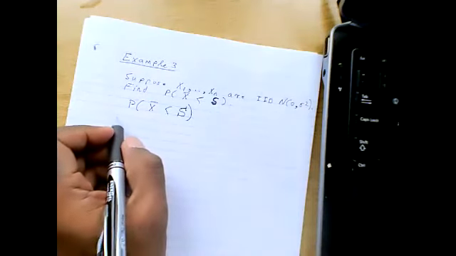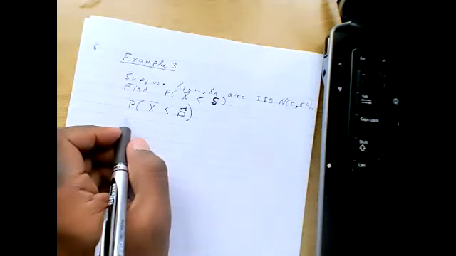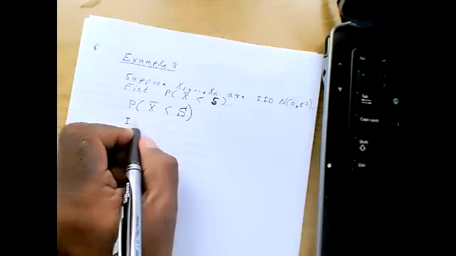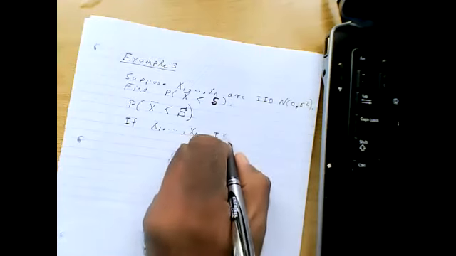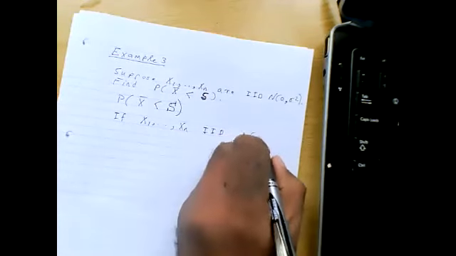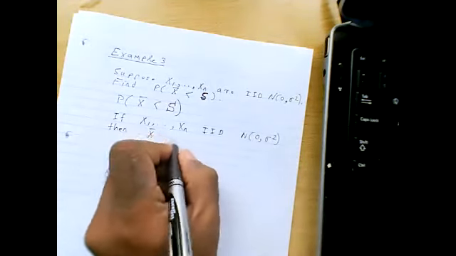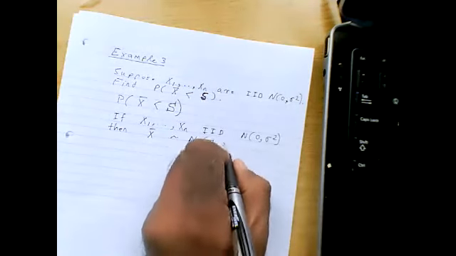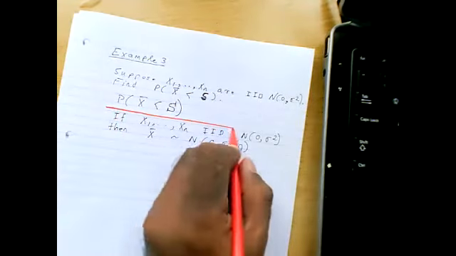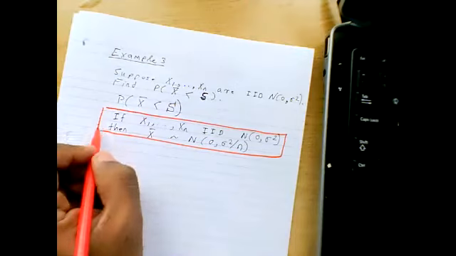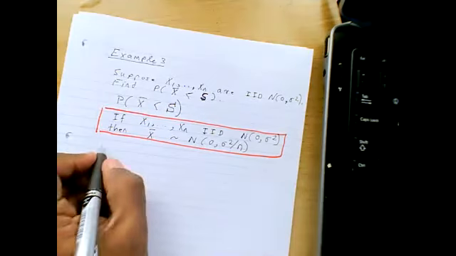Now, you know that one of the properties I mentioned in the normal distribution video last week is that if you have x1 to xn IID normal with 0 mean and variance sigma squared, then x bar, the sample mean, is normal with, do you remember this property, guys, or not? This is a property I mentioned in the video on normal distribution last week. If you don't remember, it's okay. Please try to look at it.